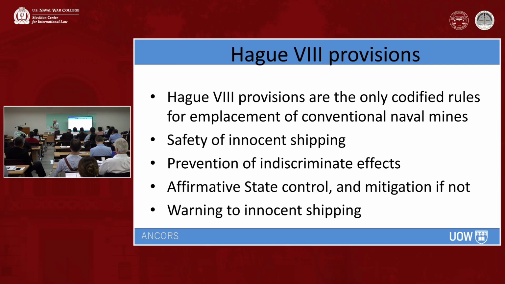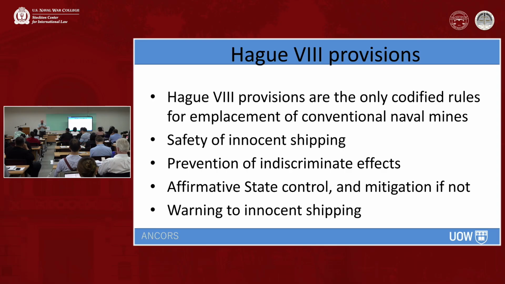If you deploy one and it hits something and it blows up, well, there's some pretty good evidence that you do have that capacity. But you don't need very many, and they're very cheap. They're a very cheap weapon in the scheme of things. So for many years, my country didn't have a mining capability.